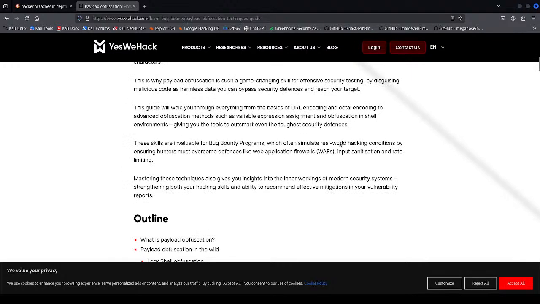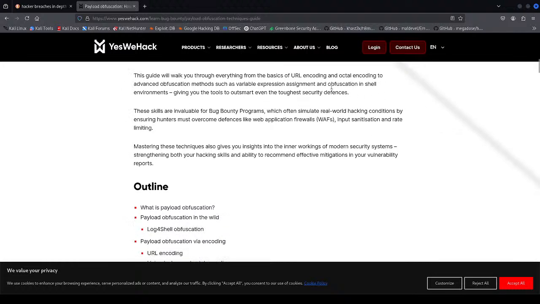This guide will walk you through everything from the basics of URL encoding and octal encoding to advanced obfuscation methods such as variable expression assignment and obfuscation in shell environments, giving you the tools to outsmart even the toughest security defenses. These skills are invaluable for bug bounty programs, which often simulate real-world hacking conditions by ensuring hunters must overcome defenses like web application firewalls, WAFs, input sanitation, and rate limiting.